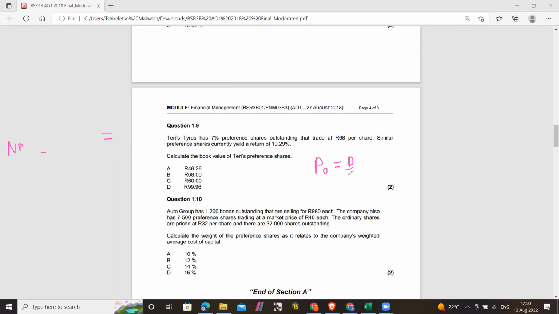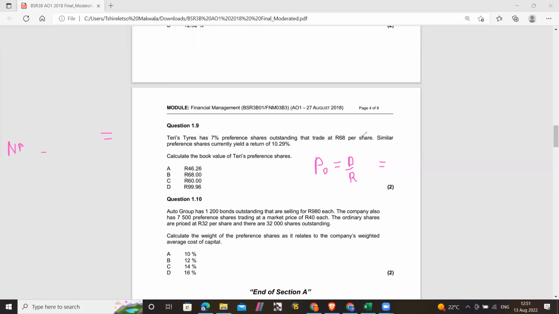So what's going to happen is, here it's the R, it's the rate. So this is the market rate, and they gave us a similar preference share.